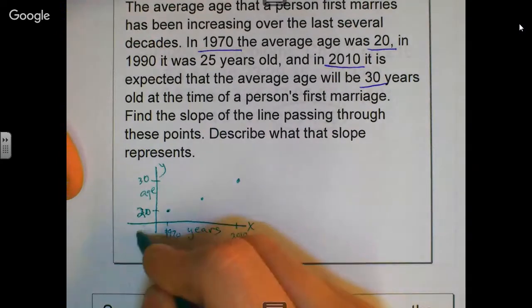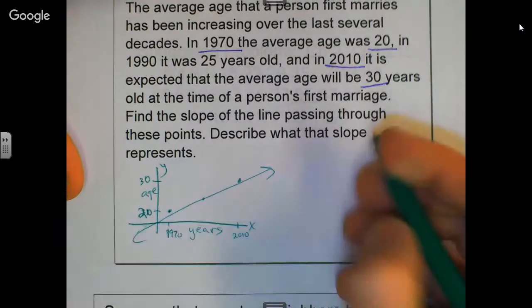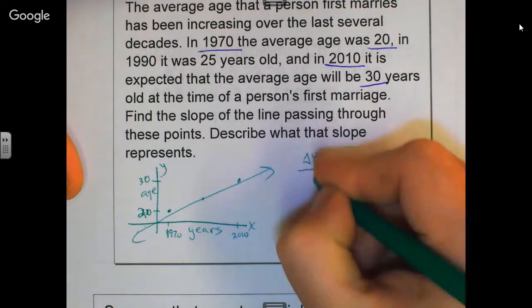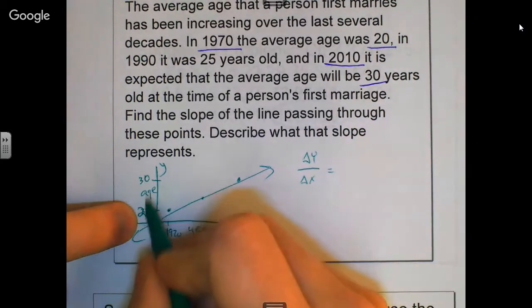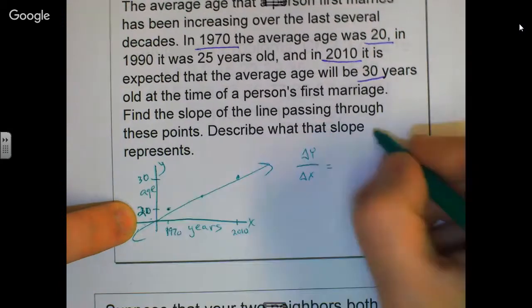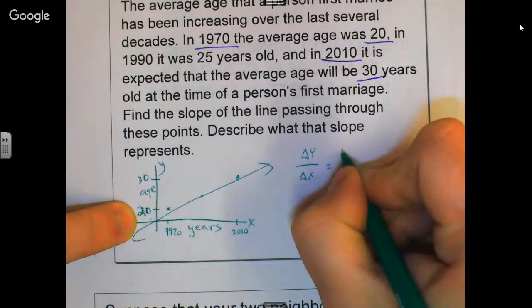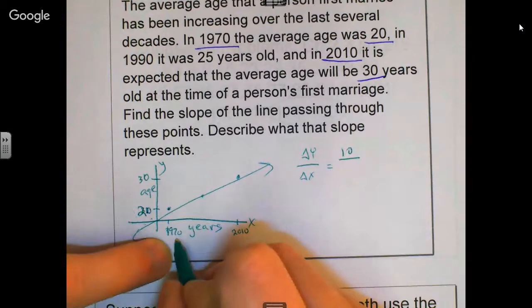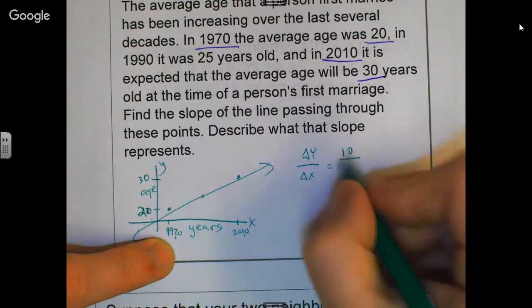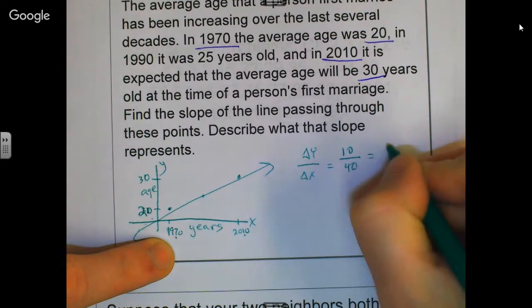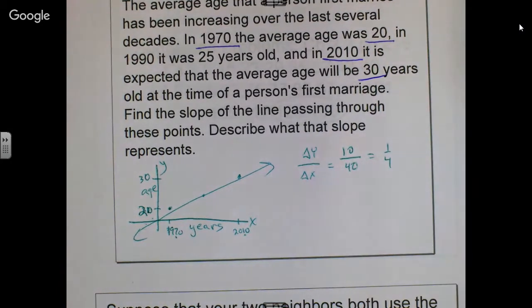I want to know what's the slope of this line. Well, to find slope, that's change of y over change of x. How much does my y values change from 20 to 30? That's 10. And then my x-axis changes from 1970 to 2010. That's 40. So my slope is 1/4.